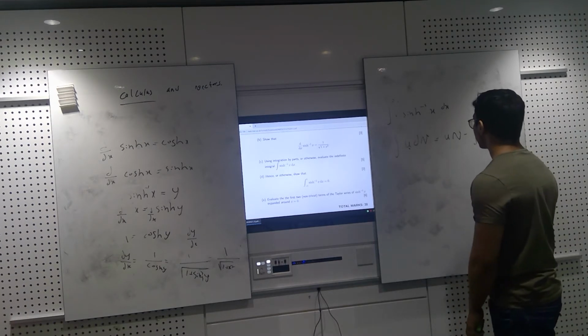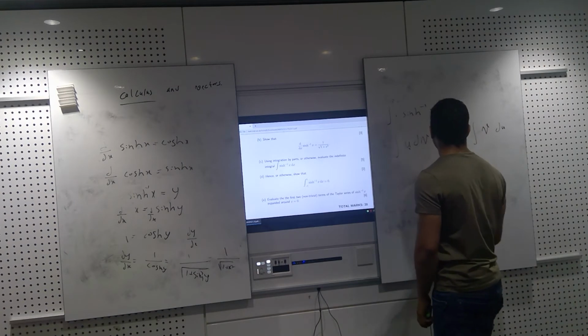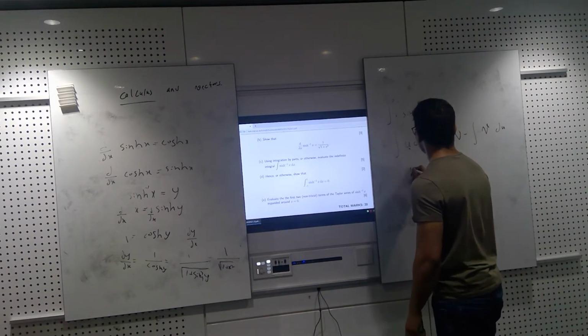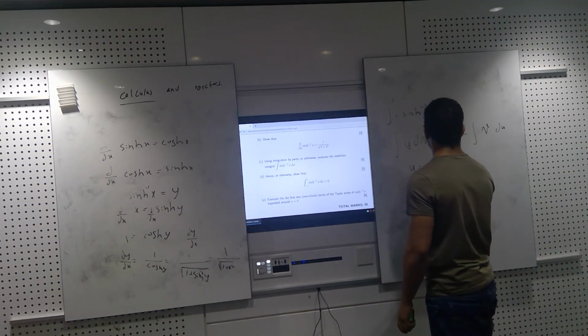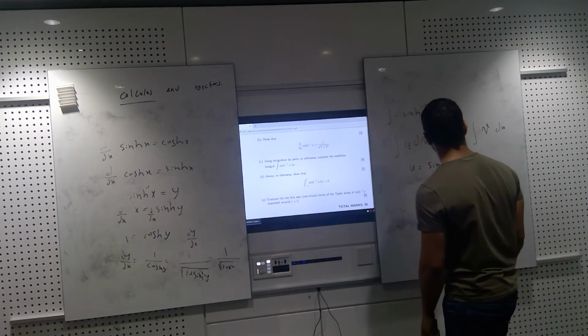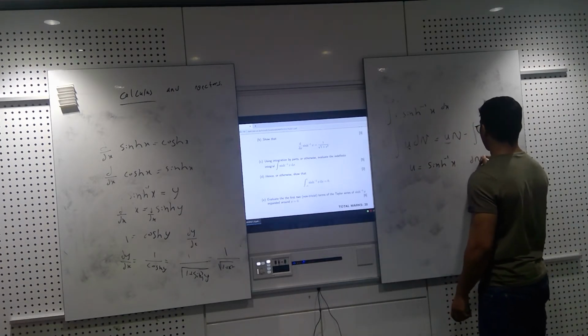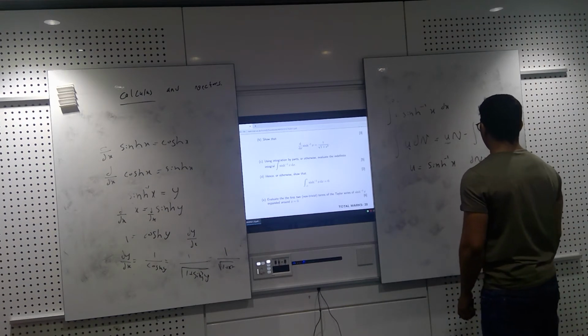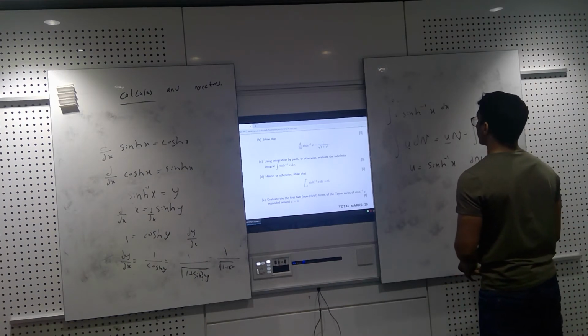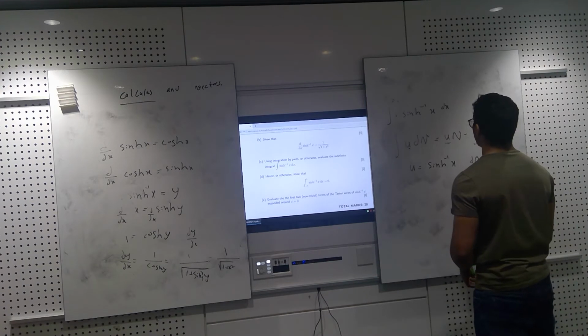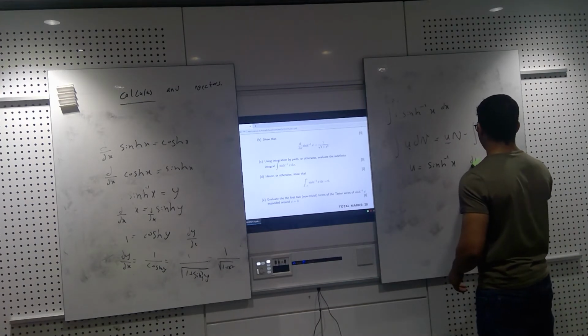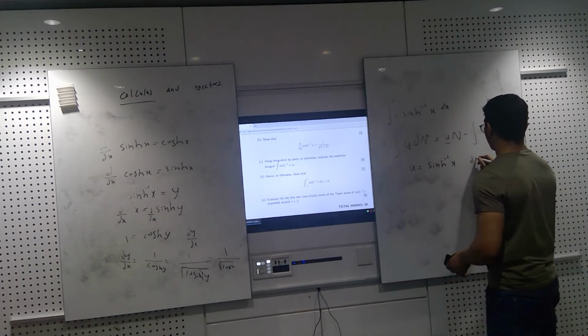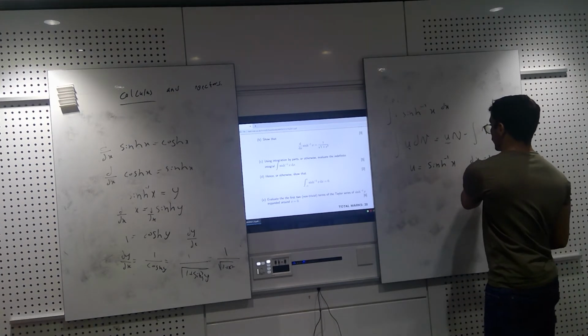In this case, u is the sinh inverse of x, and dv is equal to 1 dx, so this is something that you can actually integrate with dx.